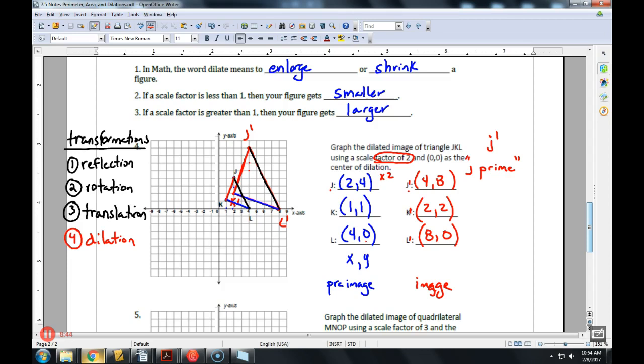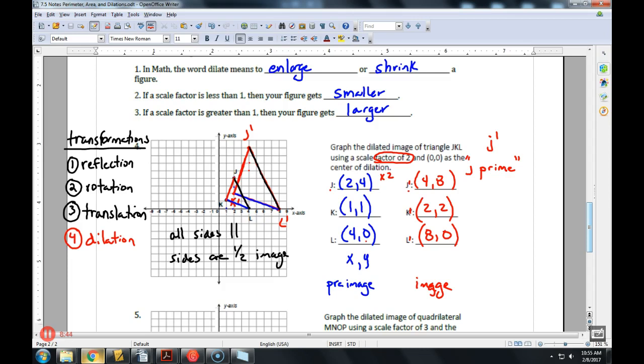So some other little notes to put over here. All sides are parallel, okay, with the image to the pre-image, and the sides are 1/2 of whatever the image is. The pre-image is half the regular image.